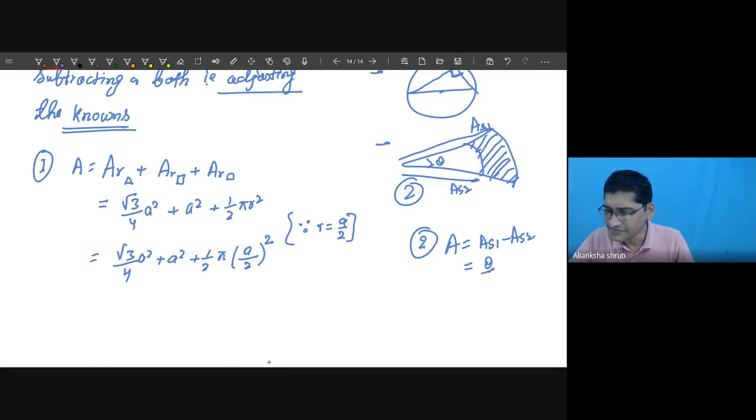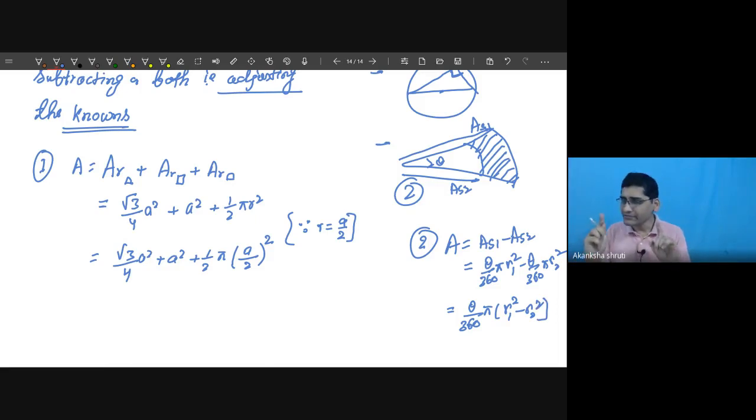So theta by 360 pi r1 square minus theta by 360 pi r2 square. Do not calculate these two things separately. Rather, take the common factor first, then do the calculation. It's so simple. You have to derive the final formula first, then do the substitution.